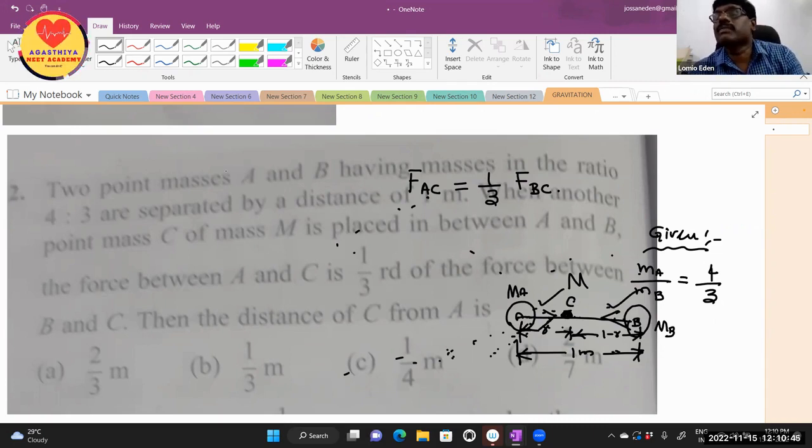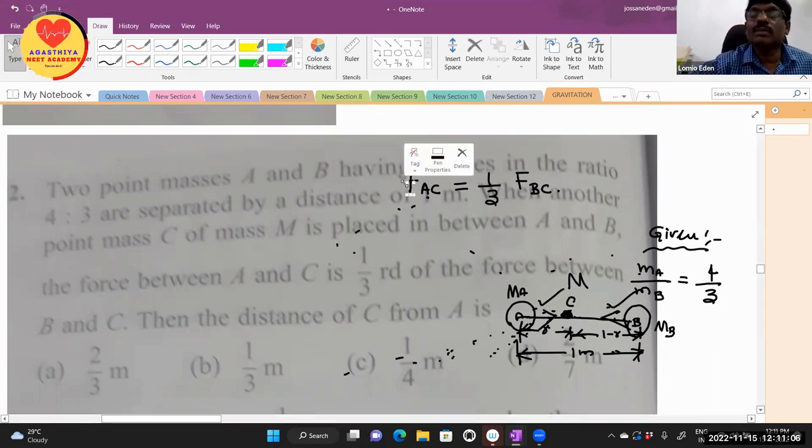There are two conditions given. One is the ratio of masses MA divided by MB, and another relation is FAC is equal to 1/3 of FBC. Okay, how to calculate the position of the mass M from the reference A?